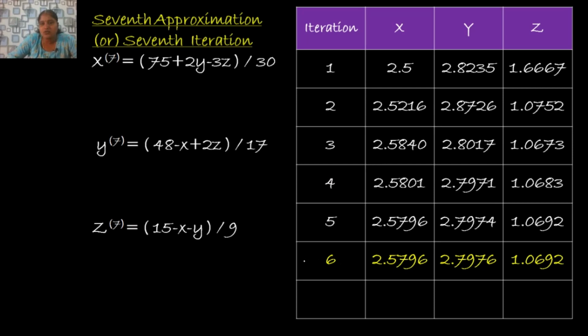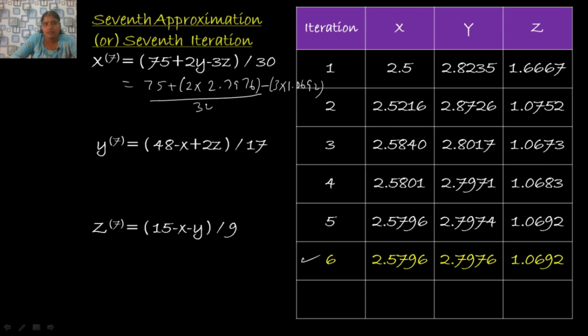For that we make use of the sixth iteration values to calculate the values of x, y, z in the second iteration. So now calculating the value of x: 75 plus 2 product y value is 2.7976 minus 3 product z value is 1.0692, over 30.